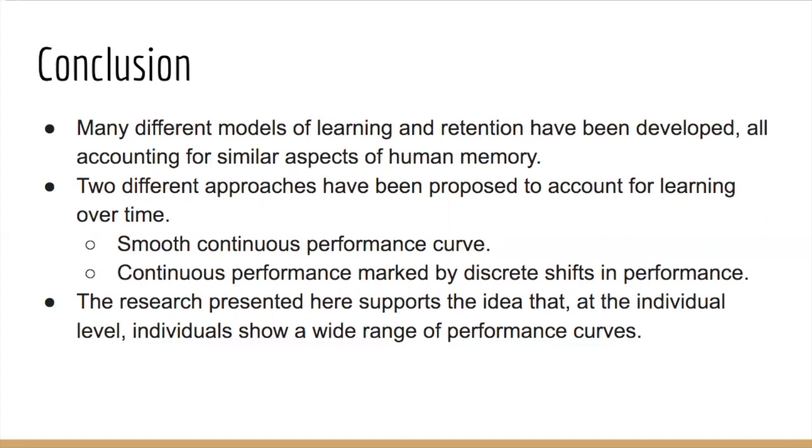And the effectiveness of only using standard memory phenomena to account for behavior starts to diminish. Our research here supports the claims and highlights that in a naturalistic environment, individuals show a wide range of learning and performance curves, and that models of learning and retention should be developed to account for these aspects of performance.